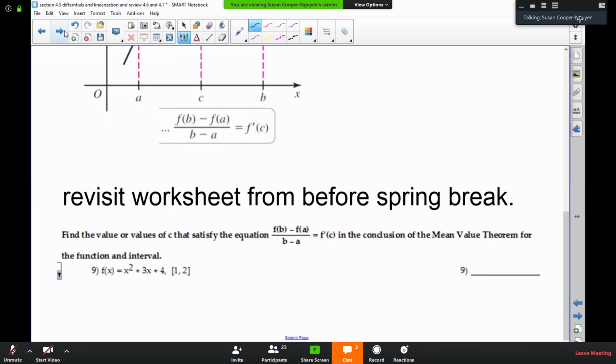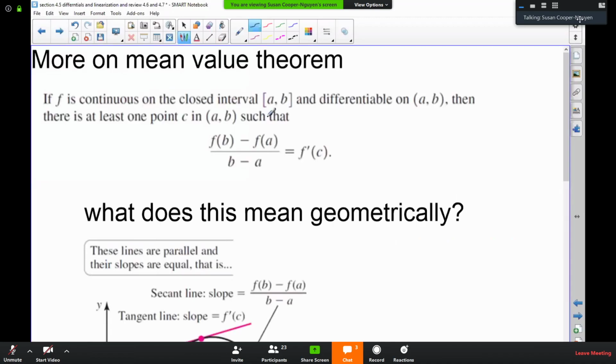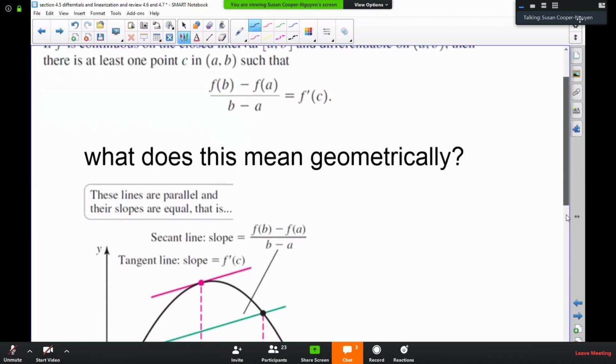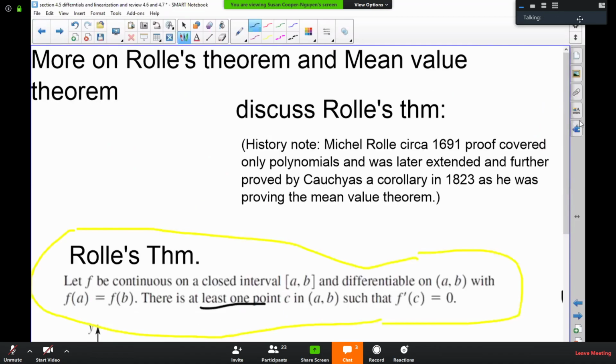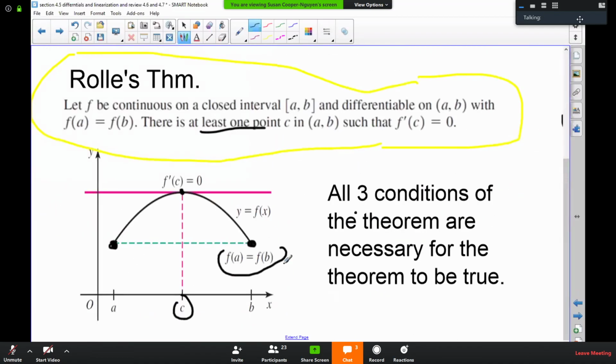I thought there was one also for Rolle's theorem, but maybe I didn't snip that in. Let me see. Maybe I did not. I could probably retrieve it from somewhere. Okay, well, I'm going to table Rolle's theorem temporarily because I didn't snip it in. I'm going to jump to mean value theorem.